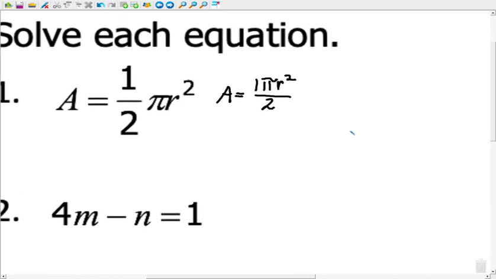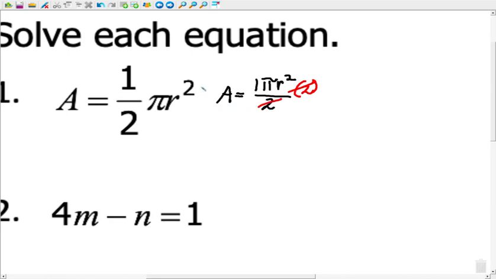Why is that necessary? When you write it like this, you can see that the number 2 is dividing everything. So to undo it, we would multiply.